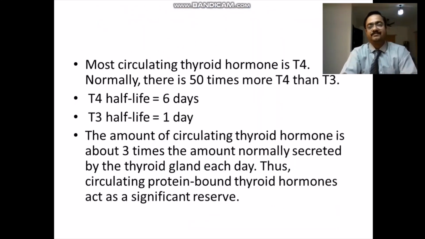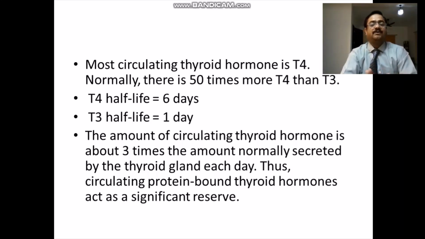Most of the circulating hormone is T4, as I told you earlier, more than 50 times that of T3. The half-life of T4 is 6 days as it is 99% bound to the proteins, so a longer half-life, while the T3 half-life is only 1 day.